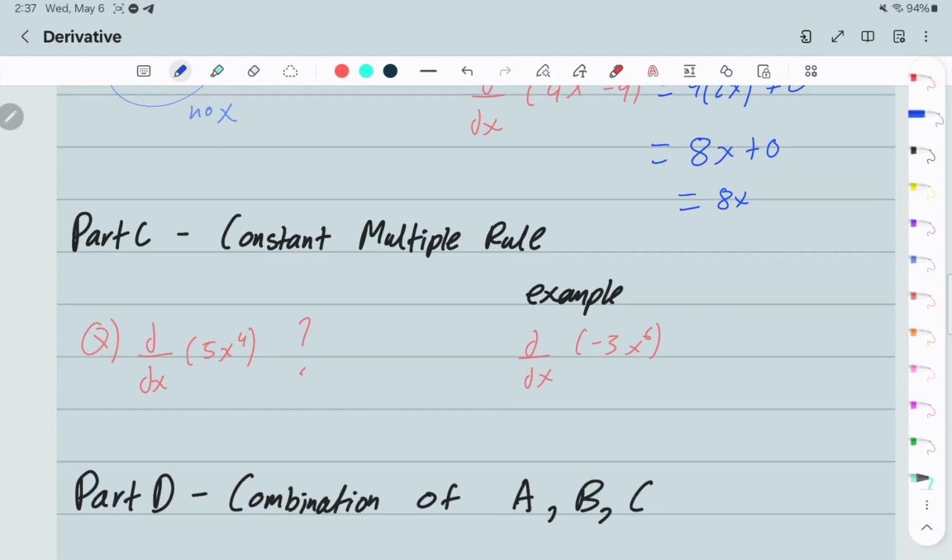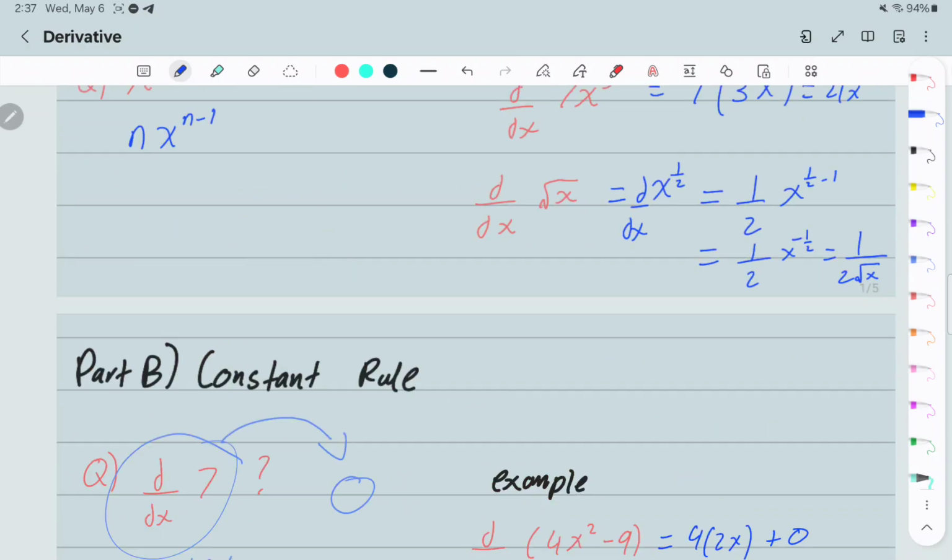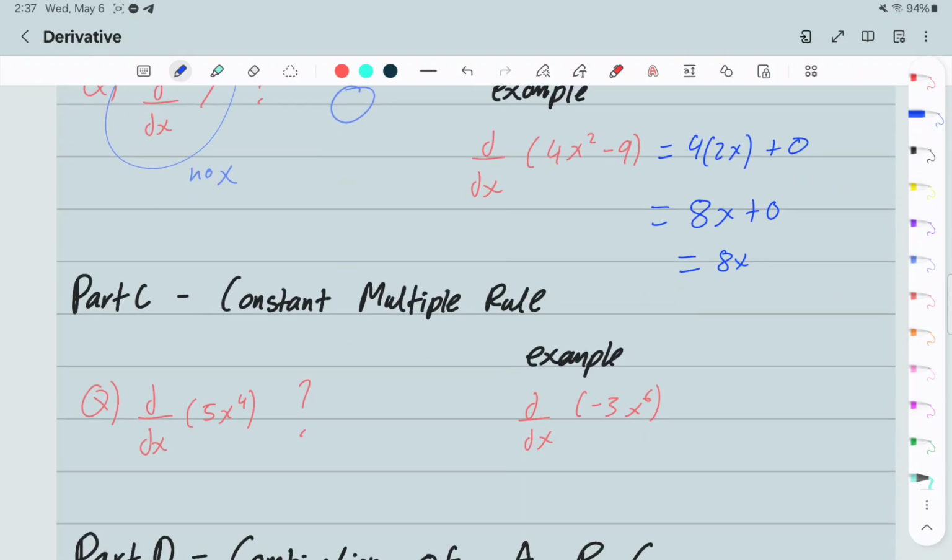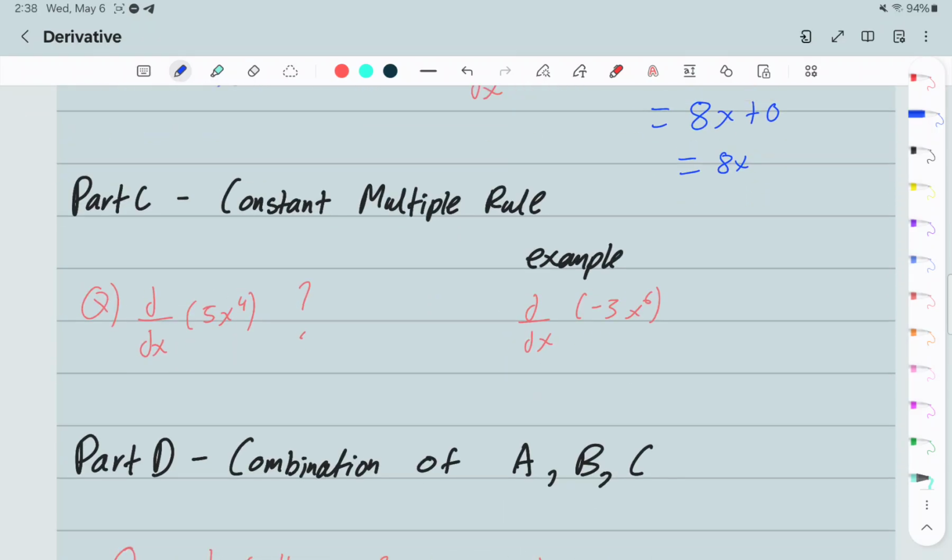The other one is the constant multiple rule, which I already covered here, but let's be more specific. You will see a lot of times there's a constant attached as a multiple, just like 5 here, minus 3 here. As I mentioned before, you just leave the constant as it is. You don't touch it at all. So I'm going to ignore 5 for now, and then I see it's x to the 4. It's the power rule, so 4 drops, and it's going to be 4 minus 1, which is 3.